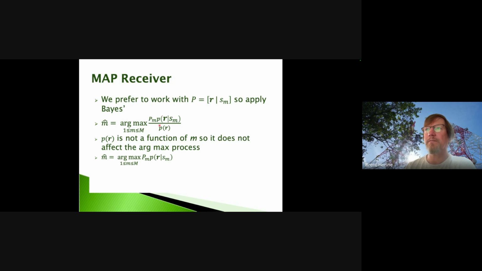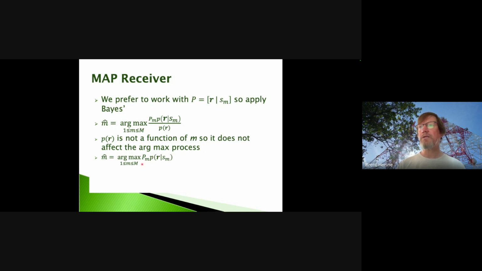Through this maximizing, what is the choice of M that makes this relationship maximum, right? So if P of R is not a function of M, then it has no impact over this operation right here. So we can throw it away. We ignore it. And it's only because we're doing this argmax process that we can do that, right?